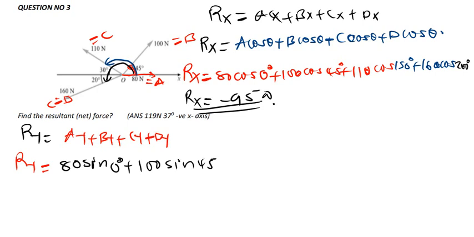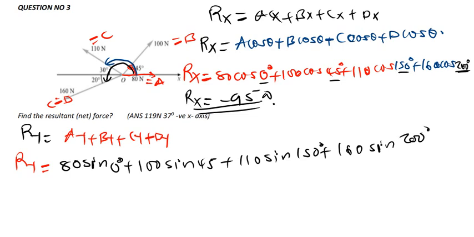I'm just following here the angles which I have here. Sine the angle 45, plus 110 sine the angle which I have is 150 degrees, plus again here I'm going to say 160 sine the angle which I have there is 200.